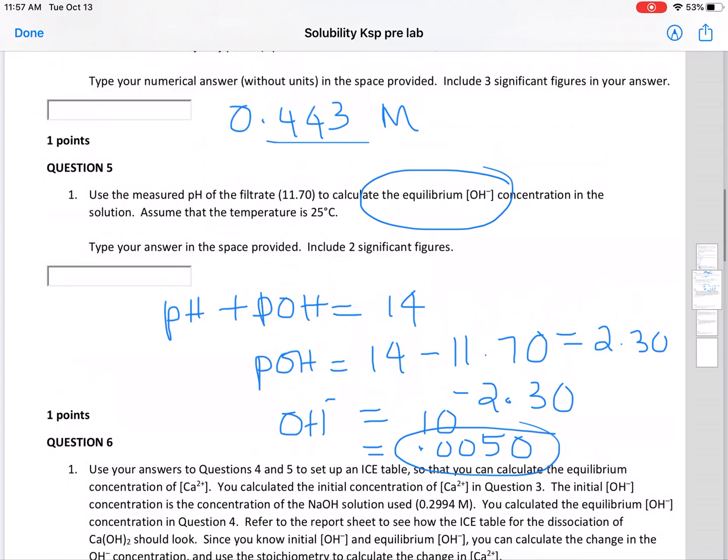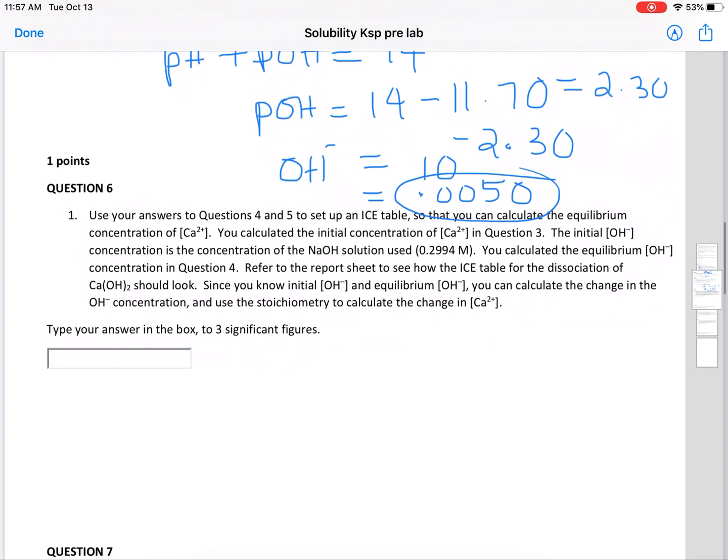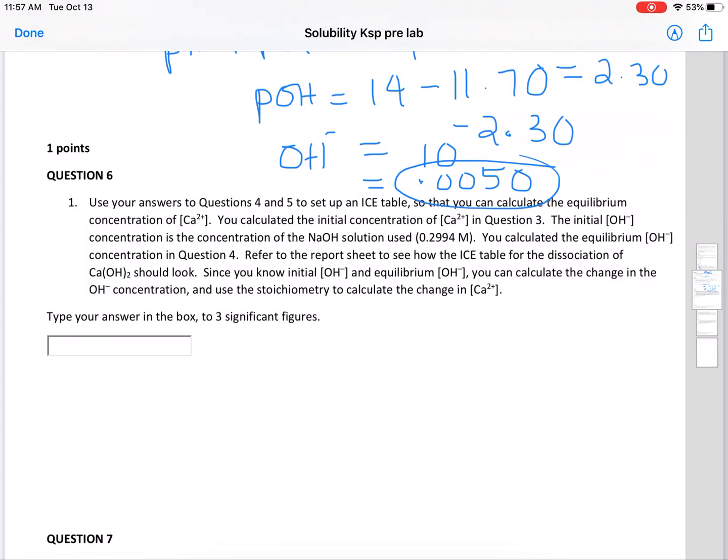Question 4 we have the initial concentration, 5 we have the equilibrium concentration of hydroxide. Use your answers to questions 4 and 5 to set up an ICE table so that you can calculate the equilibrium concentration of calcium ion. Now we are trying to find out what is the equilibrium concentration of calcium ions.